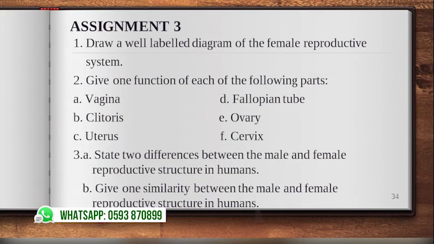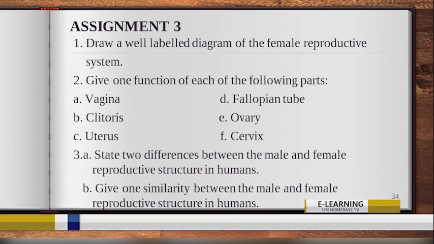Let's go on to the assignment for today. Question 1. Draw a well-labeled diagram of the female reproductive system. Question 2. Give one function of each of the following parts.